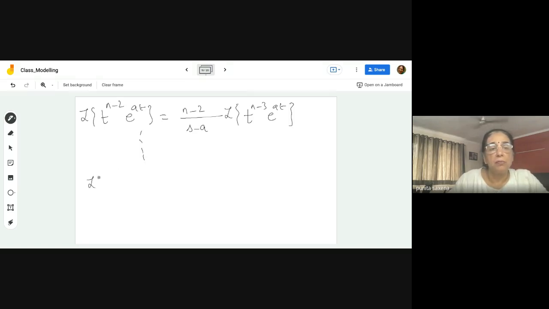A stage will come when I'll have Laplace transform of t square e to the power at. That means replace n by 2, which will be this into this. And this you have already proved.